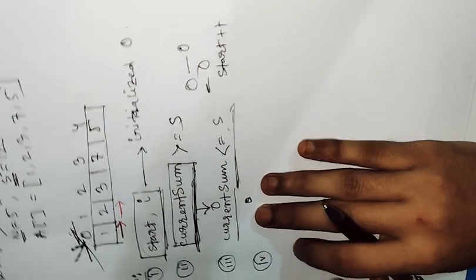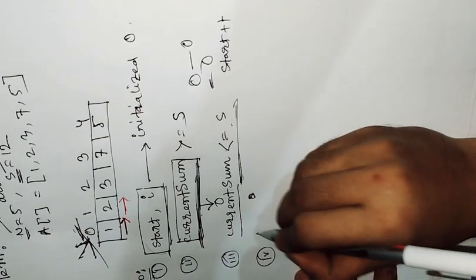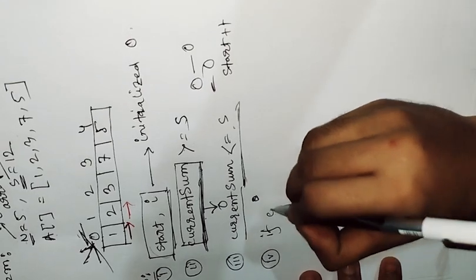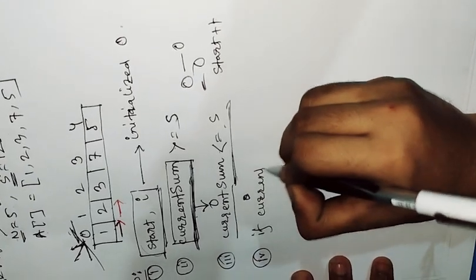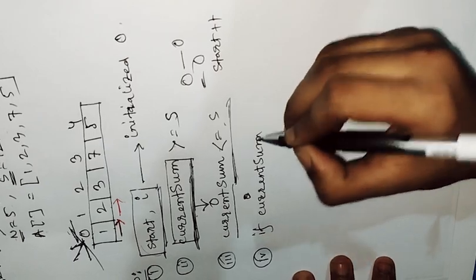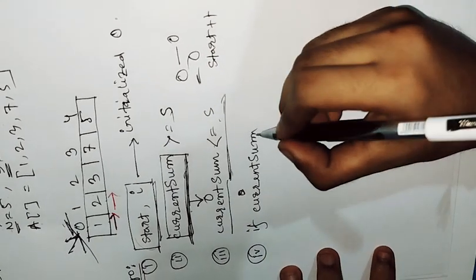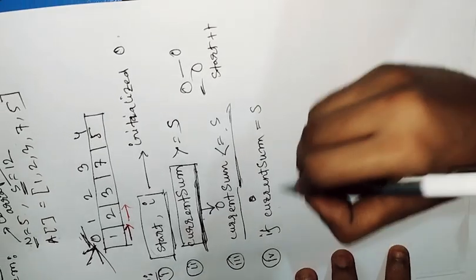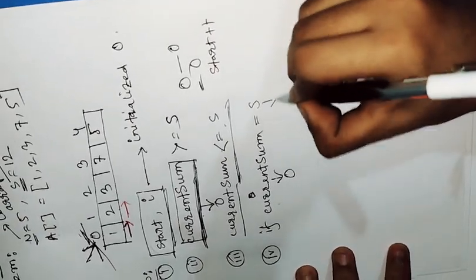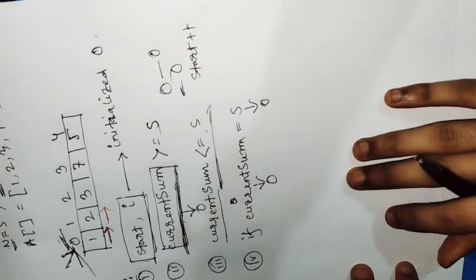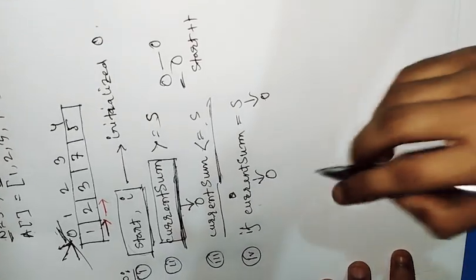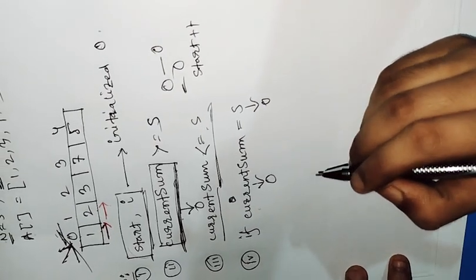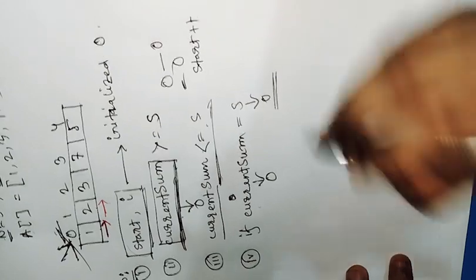After that, if the current sum variable becomes equal to targeted sum, suppose here current sum is 0 and targeted sum is also 0, that time the function returns the start and end indices of the subarray whose sum is equal to targeted sum.